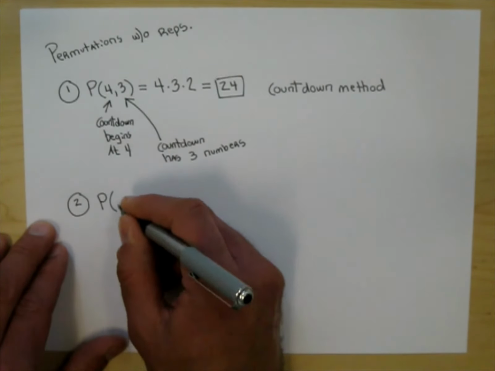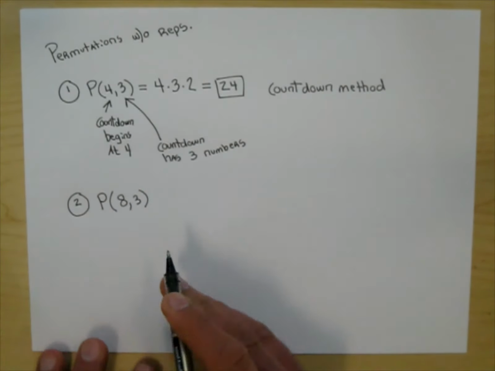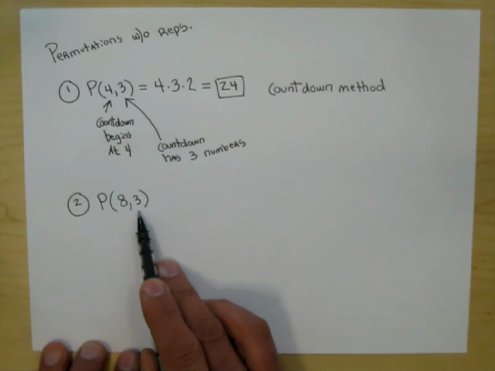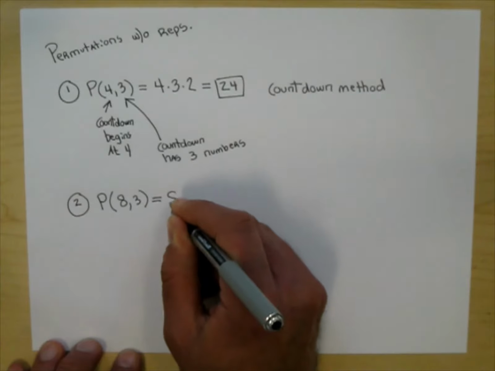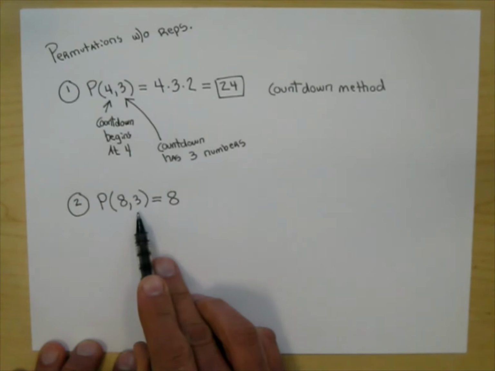Problem number 2, we have this right here. So how are we going to say it for this class? We're going to say 8, pick 3. So where does our countdown begin? It begins at 8. How many numbers are going to be in our countdown? 3 numbers.